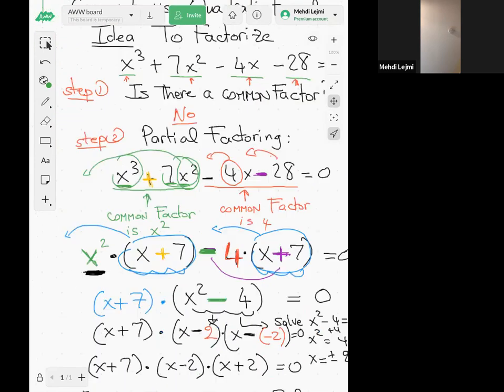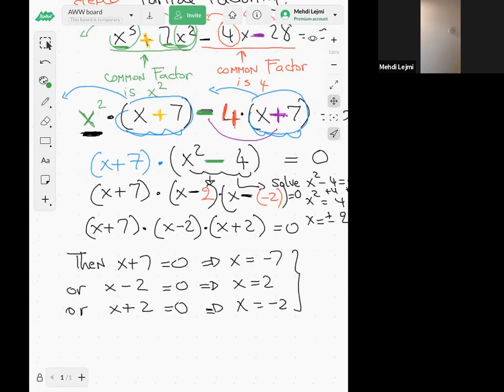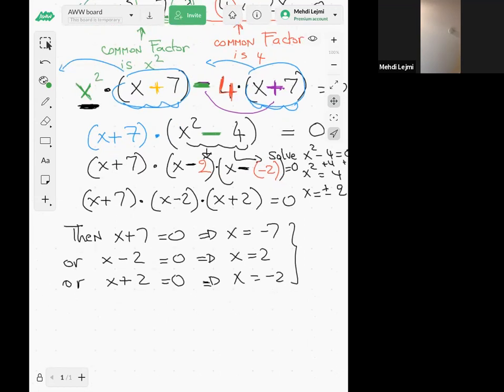So then the roots, or the zeros, of f of x are, of course, first solution is negative 7.